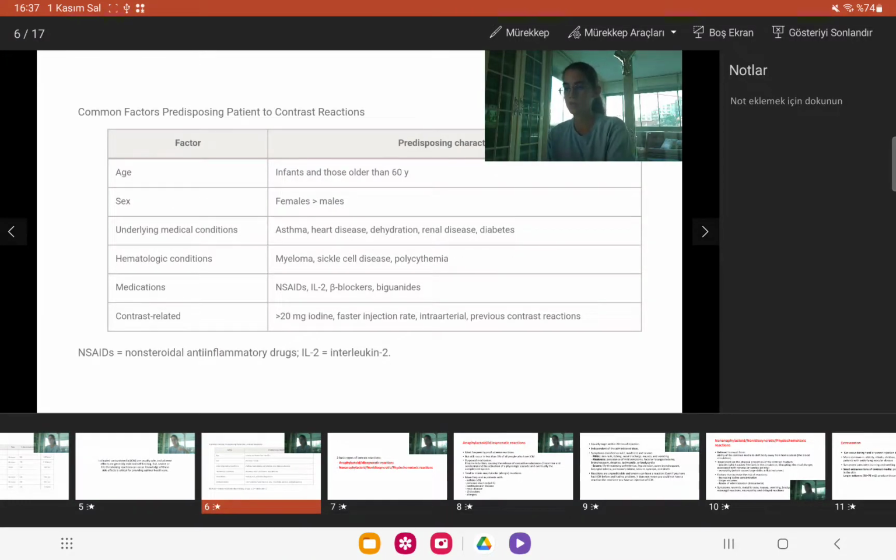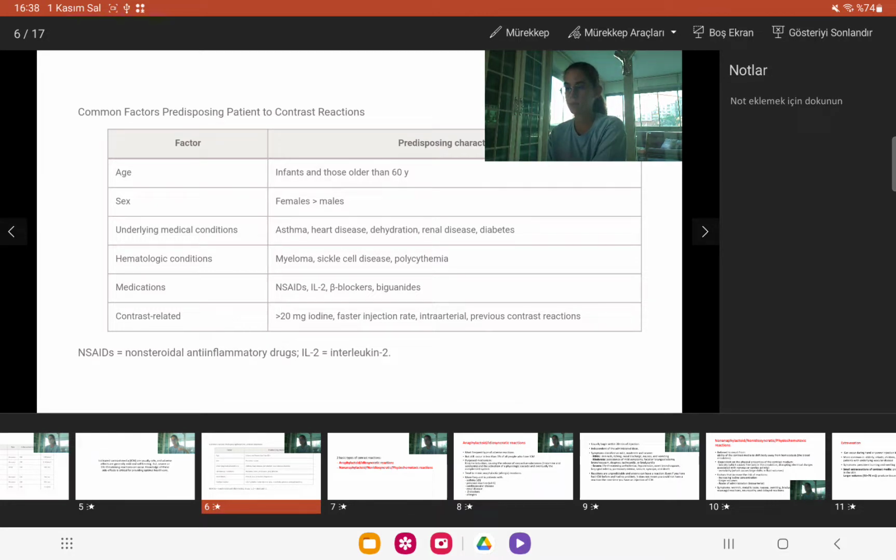Although adverse reactions are rare, some common factors do predispose patients to these adverse reactions. For example, infants and patients older than 60 years old are more predisposed to adverse reactions. Adverse reactions are more commonly seen in females rather than males.